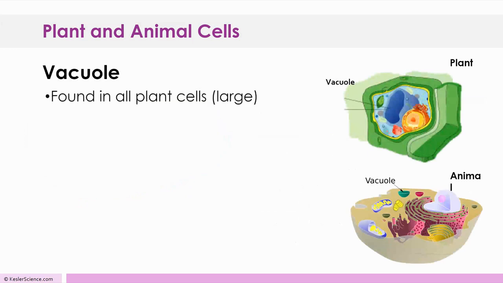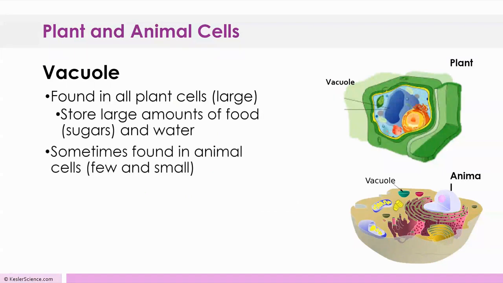So we talked about a vacuole, and the vacuole was found in both plant and animal cells, but it is really big in plants. You can see it's huge here. It's really big in plants because what do plants need to do? They need to be able to store water and food. When a plant is droopy, it's because its vacuoles are empty.